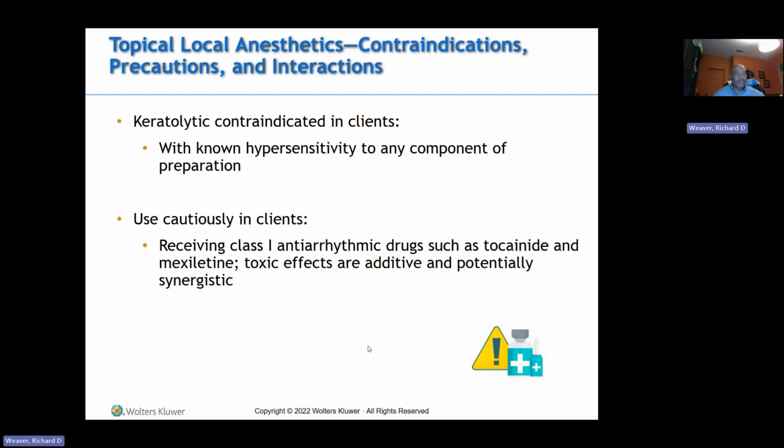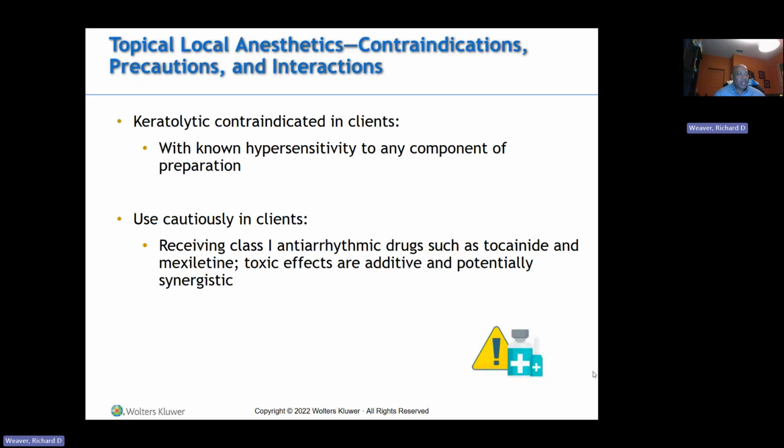This is just a certain classification of drug that treats cardiac dysrhythmias, or abnormal heart rhythms. So those receiving a class 1 anti-arrhythmic drug, such as your tocainide and your mexiletine, we want to use it cautiously with these patients.